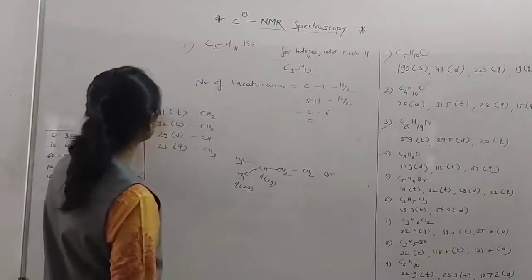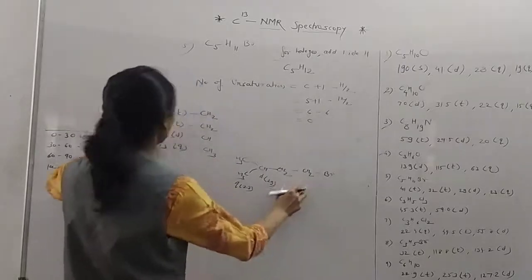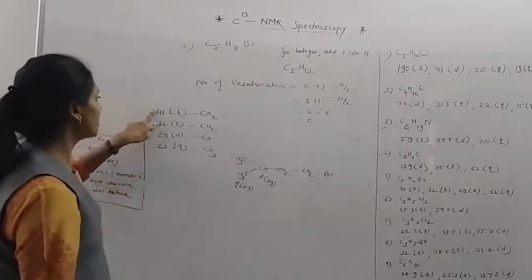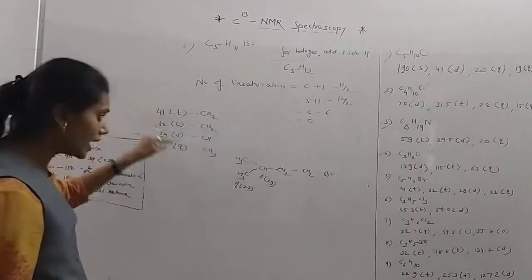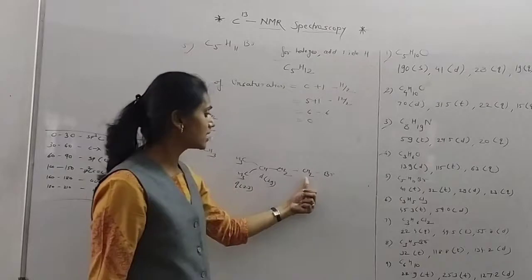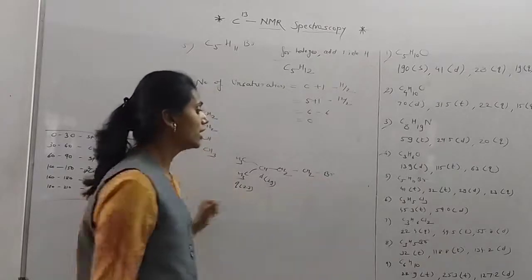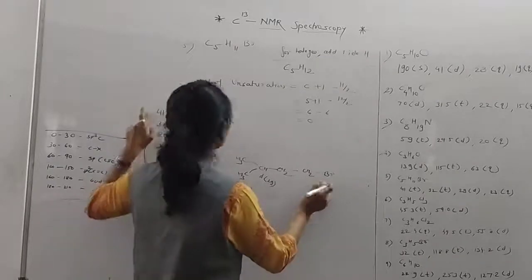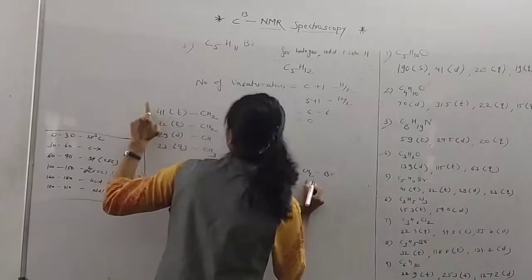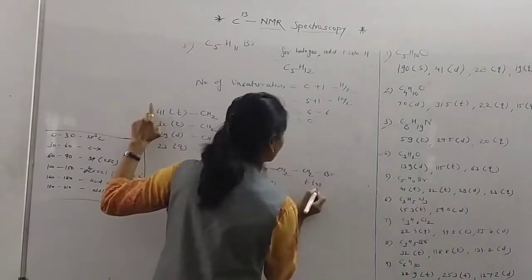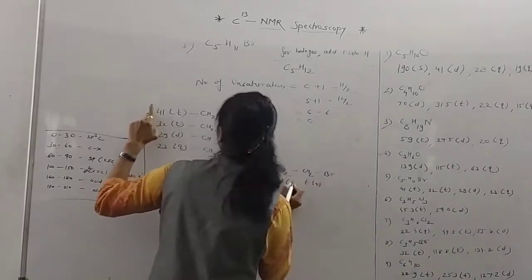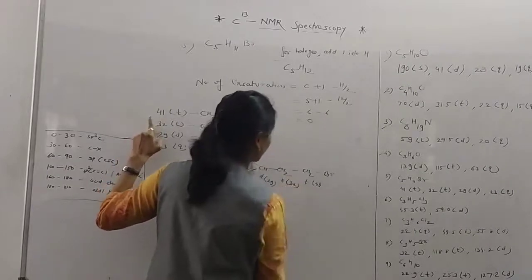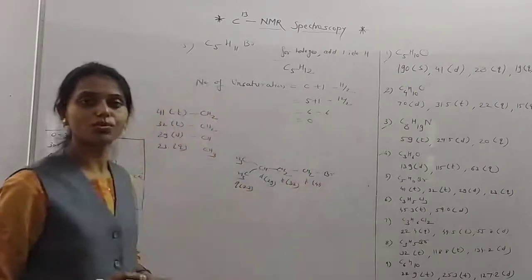Next one CH2. Both are CH2. One value is 32 and one value is 41. And you know that as this carbon atom is directly attached to halogen, it goes downfield. So this is a triplet, but its value is 41. And this is again a triplet, but it is upfield compared to this CH2.